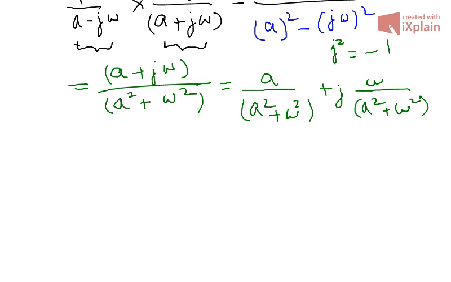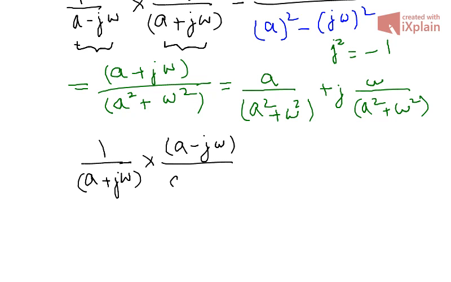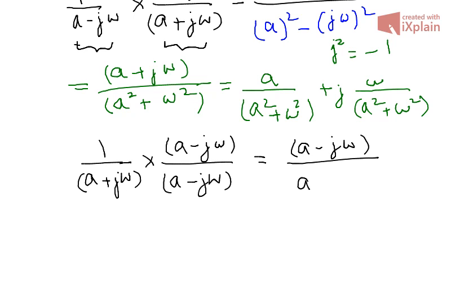So we have 1 over a plus j omega, which is the second term. Multiplied with a minus j omega, similarly a minus j omega, and if you simplify this one, you would get a minus j omega, and below this is a square plus omega square.